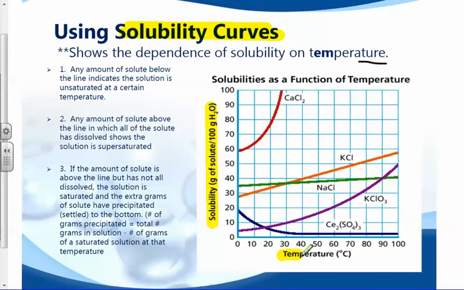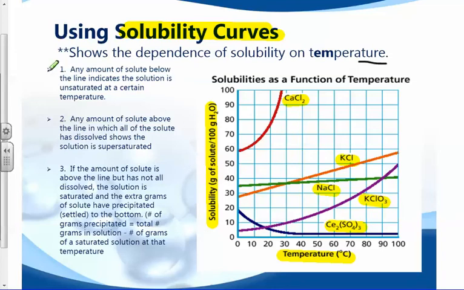Well, what does the solubility depend on? The temperature. All right. So we can look at several different things. We've got some calcium chloride, we've got some potassium chloride, we've got potassium chlorate, we've got sodium chloride, and we've got something called cerium 3 sulfate.